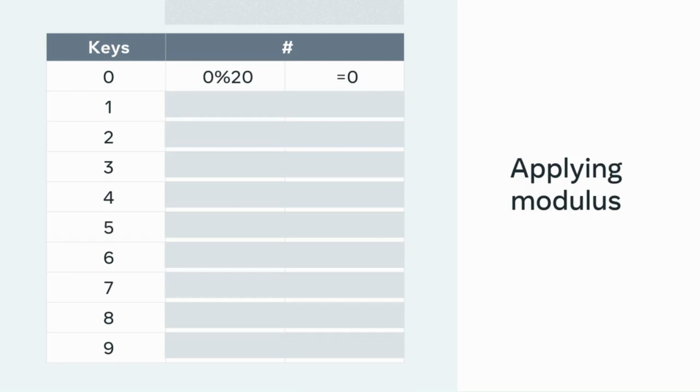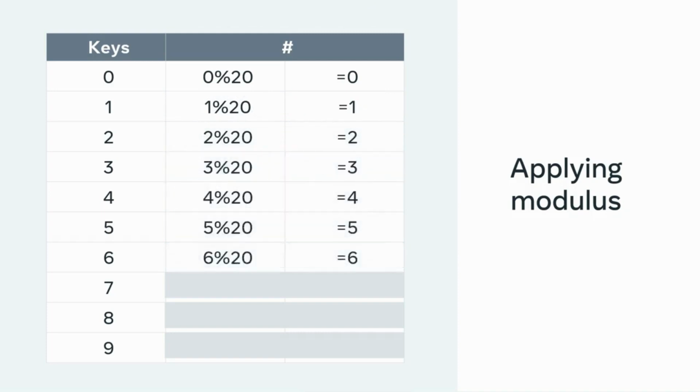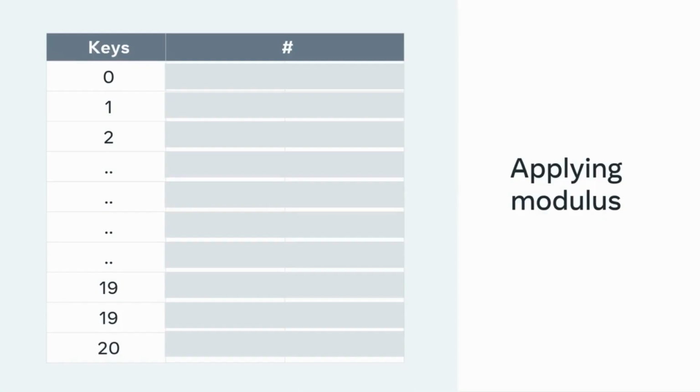Start with 0 mod 20 equals 0, 1 mod 20 equals 1, 2 mod 20 equals 2, 3 mod 20 equals 3, and so forth. In this way, you would generate 10 unique values which are used to represent in memory where the data associated with those keys is placed. This example is simplistic but illustrates the mechanism behind creating hash maps.